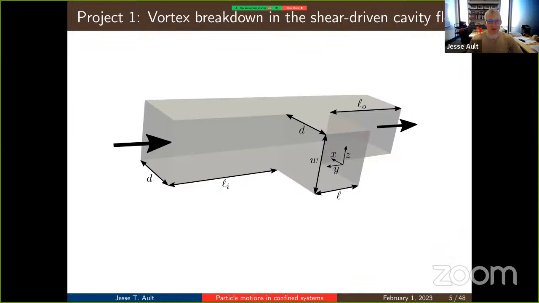So the first project I want to talk about is a very basic geometry, not at a very high Reynolds number. This is just the shear-driven flow in a cavity. So specifically, we're looking at the flow inside this cavity. It just so happens to be driven by an external shear flow with this external channel flow.